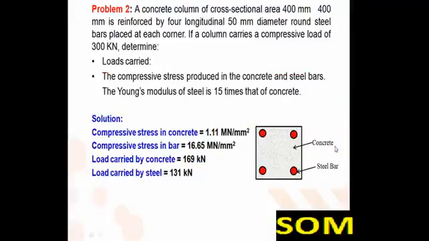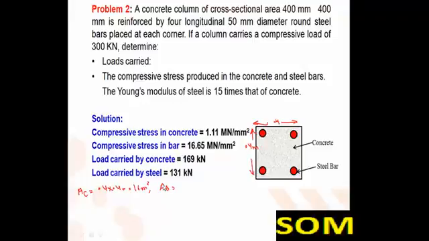Now, in the second problem, a concrete column of cross-sectional area 400 by 400 mm, that is 0.4 meter into 0.4 meter cross-section. So the cross-section area of the column is 0.4 into 0.4, that is 0.16 meters square.